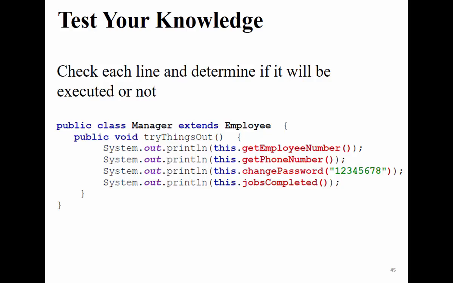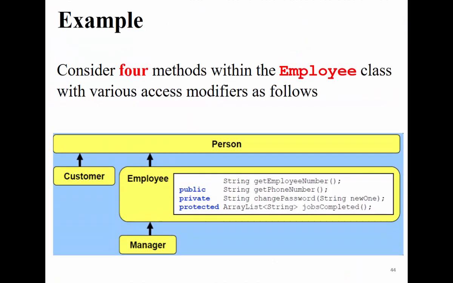Now, just tell me which one of these will pass. Which one will give you a code error, a compilation error? Will the first one be okay? The first one, look at this one. Keep this in your mind. Get employee number is defined without an access modifier. The get phone is public, change password is private, and job completed is protected.